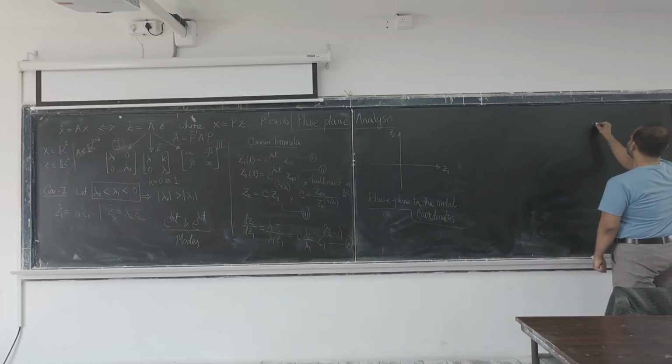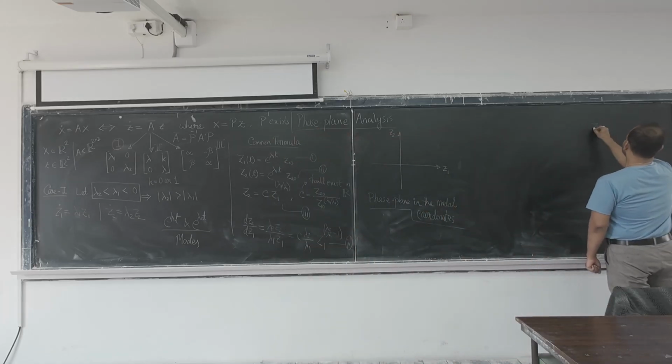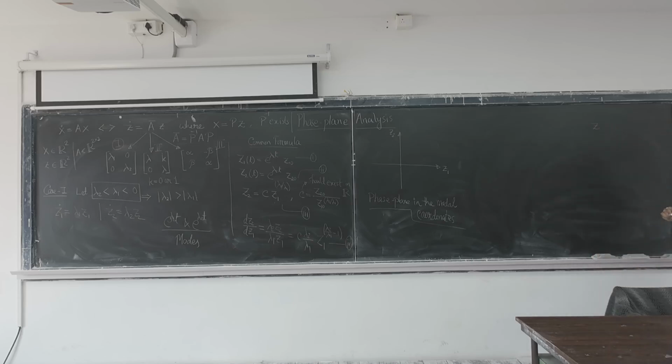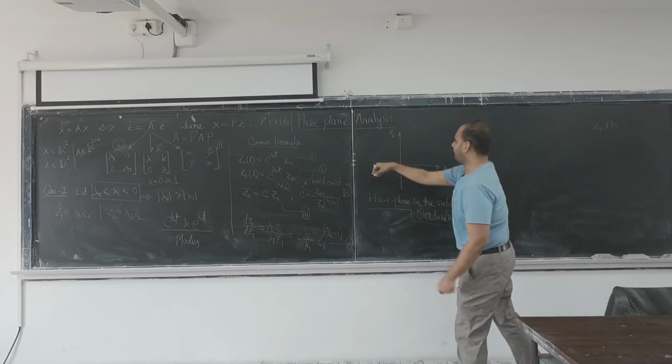Modes means, suppose this Z, ultimately the expression, whether it is Z1 or Z2, will always be in the form of, here at this moment, Z1 equals, as you have already seen, here 1 and 2.